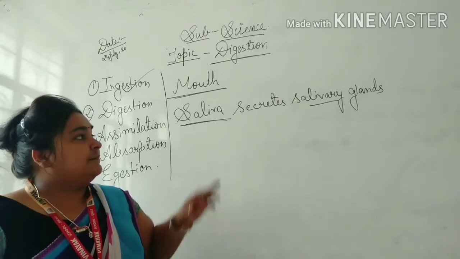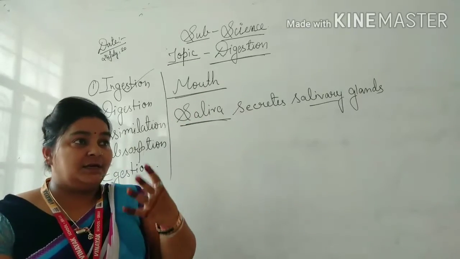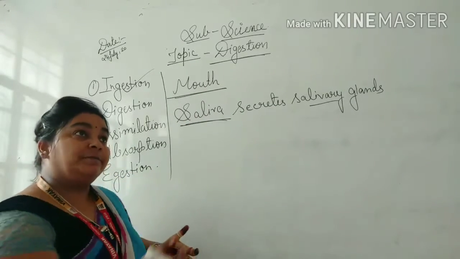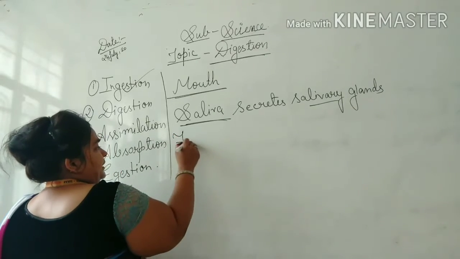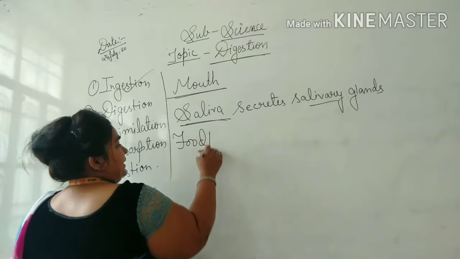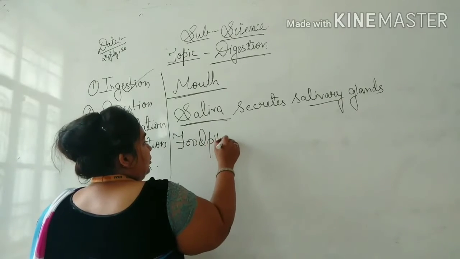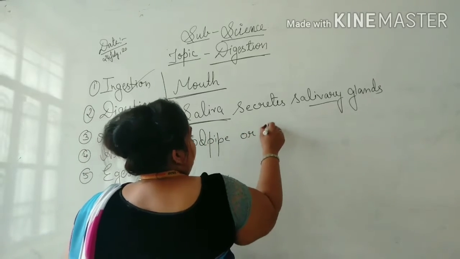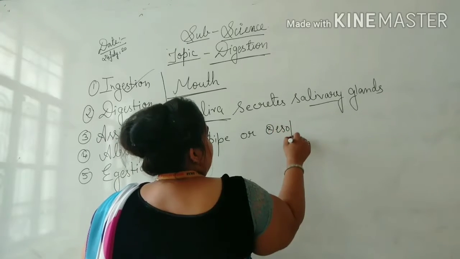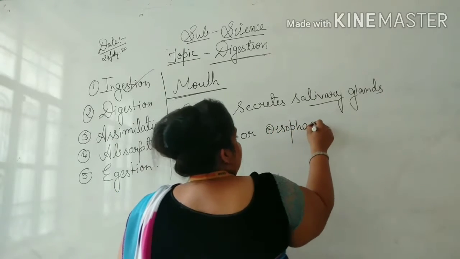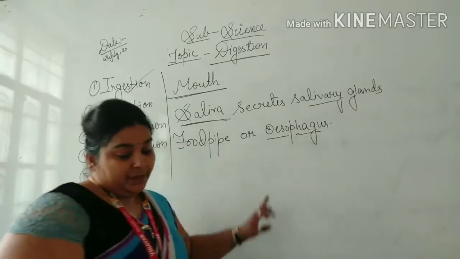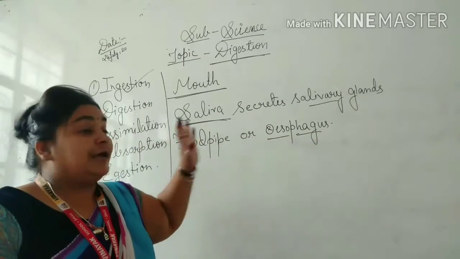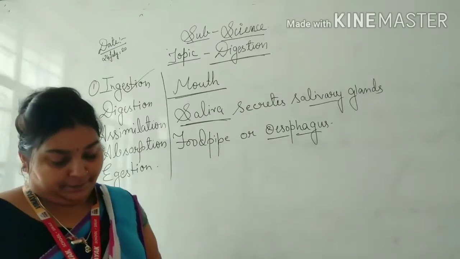Next, what happens? The food passes through our food pipe. Either we call it the food pipe or we can call it the esophagus.